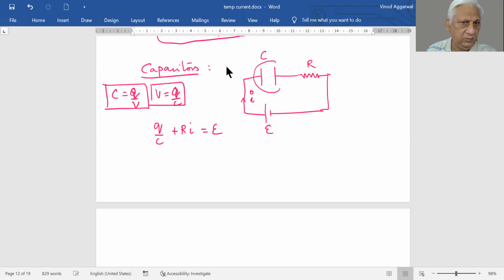Now we know that I is dq by dt. If we convert R into dq by dt, this is the equation we will get.